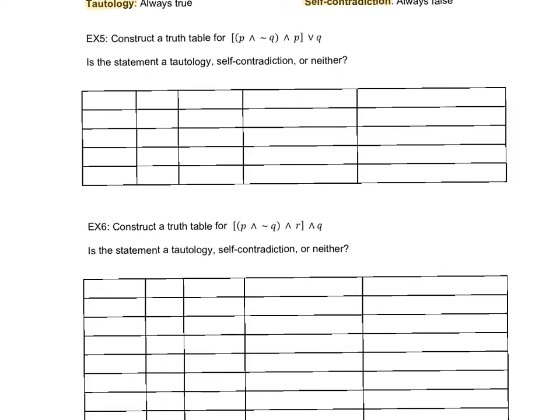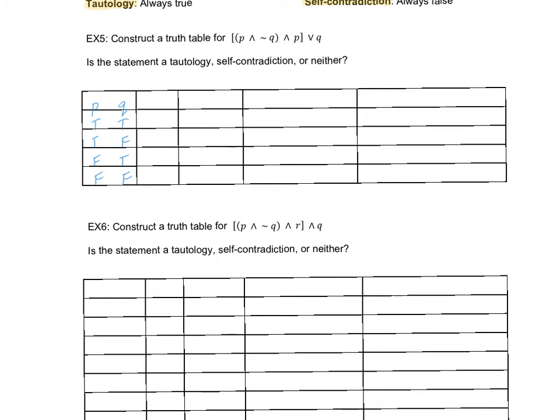Example 5, we have a statement. We want to construct our truth table. I have P and Q, so 2. P, true, true, false, false. Q is true, false, true, false. Notice that I have grouping symbols here, so I have to start there first.